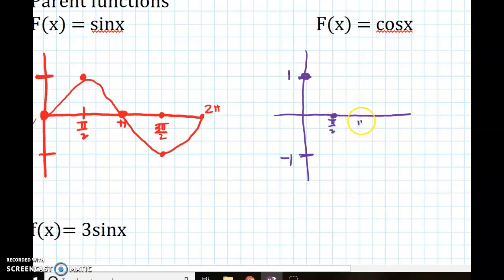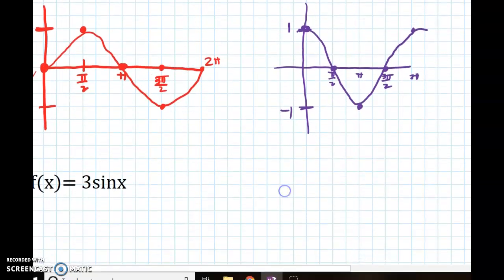And then at pi, it drops all the way down to -1, and then it swings back up. So at 3 pi over 2, we are at 0 again, and then at 2 pi, we are all the way back up at 1. The graph goes like this. If you were to shift a cosine graph 90 degrees, you would end up being a sine graph, and vice versa.